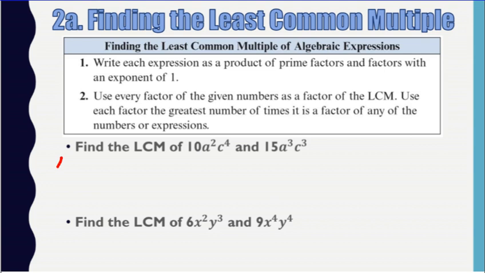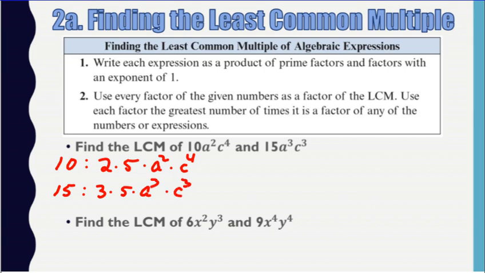We got 10. We'll break down 10. That would be 2 times 5. And then we got a squared, got c to the 4th. And then 15, let's break that down. 3 times 5, that's a to the 3rd and c to the 3rd. So I can write each one as a factor the greatest amount of times.